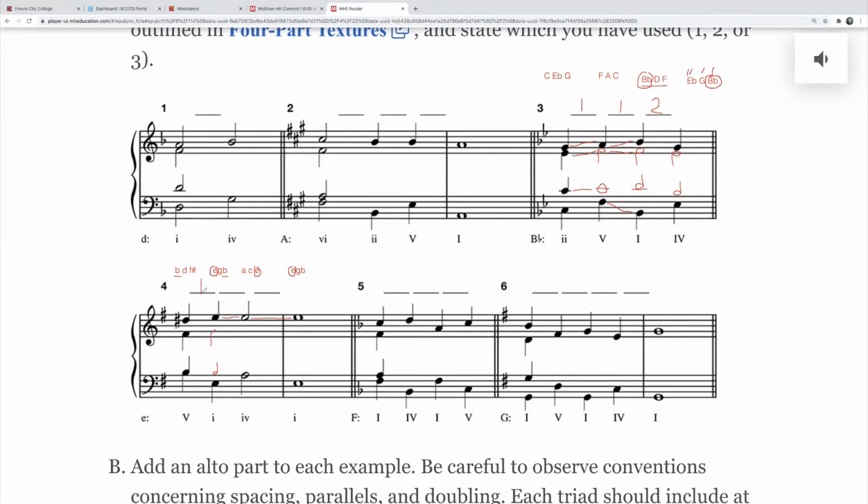Way number 1: common tone, stepwise motion. Did anybody else do anything different than that? No, that's what I got too.